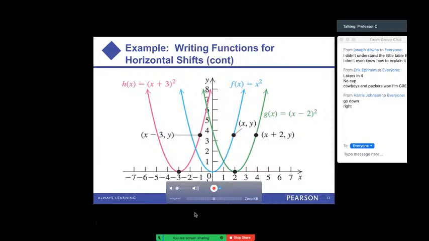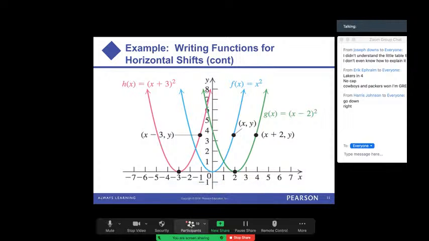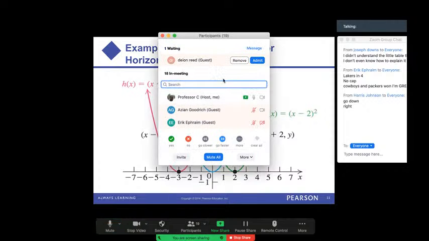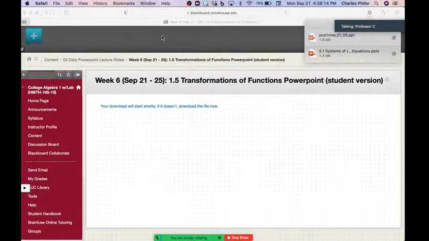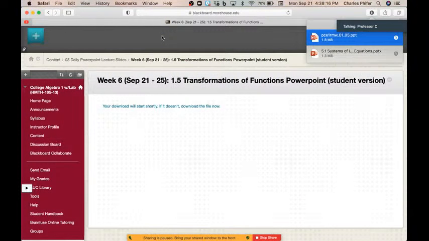Let's see. Mr. Reed, it's fine. Since I'm late, I'll let him in. Let me go like this, like this, like this. I'm just going to mark him as late though. Okay.